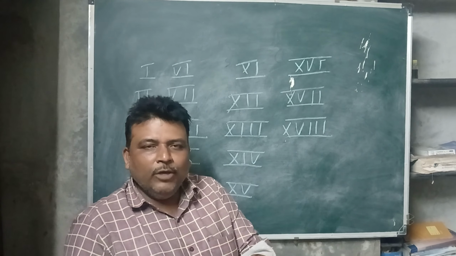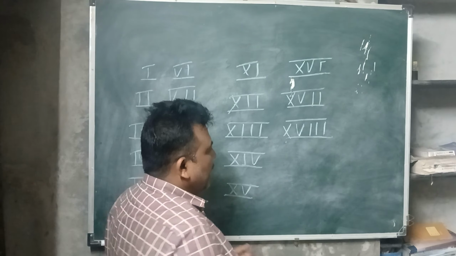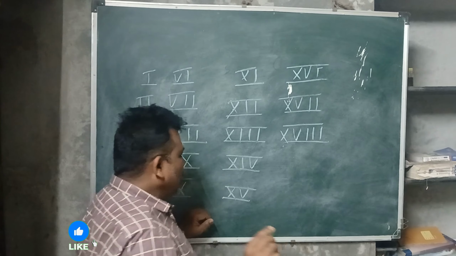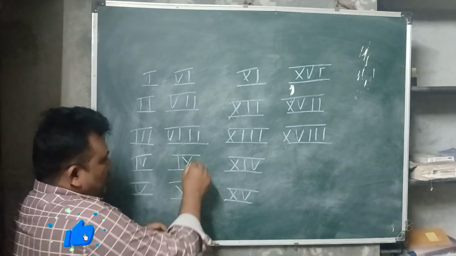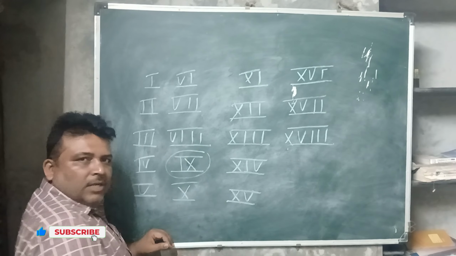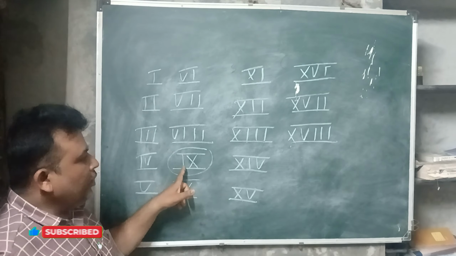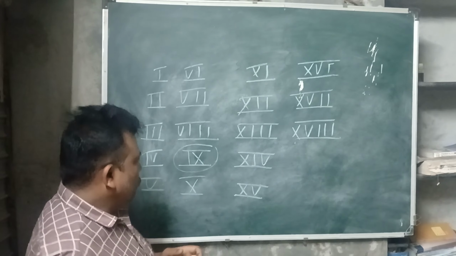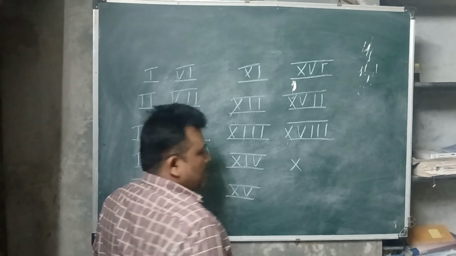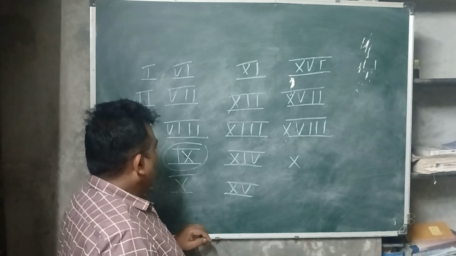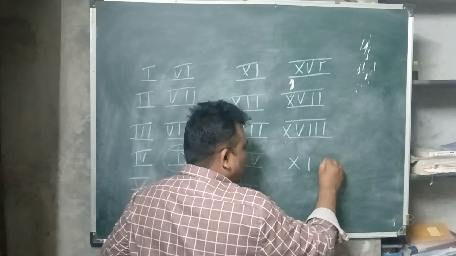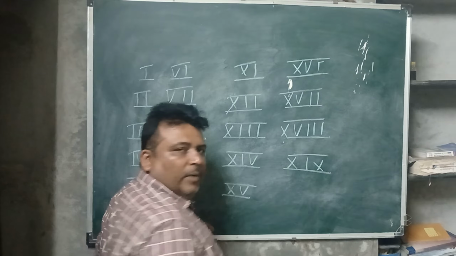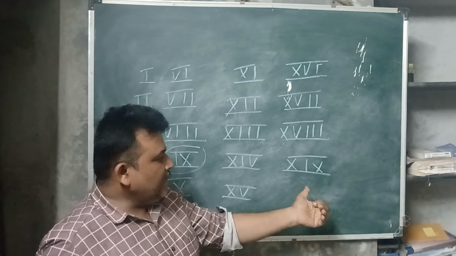If you have any query, you can ask me. See, this is 18. Then if I want to write 19, you can concentrate on 9. This is 9. So it would be important for us to write 9 with the help of this. This is 10, and this is 9. Is that clear, guys?